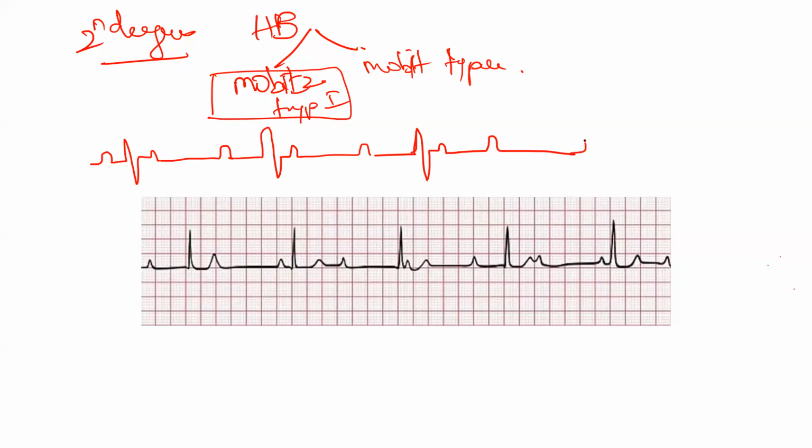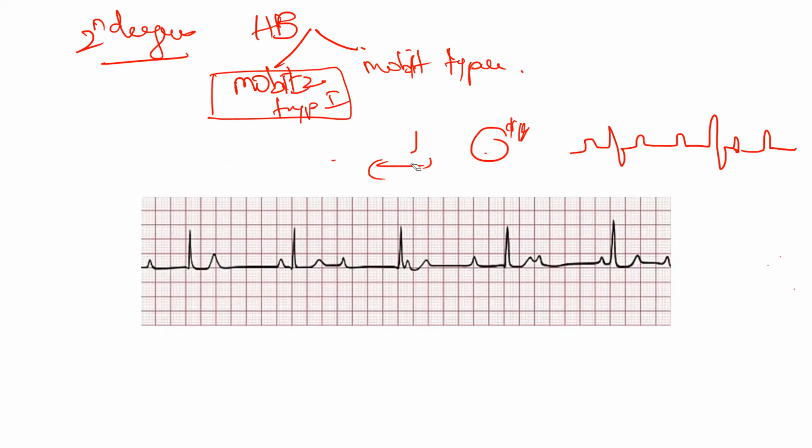Then a normal P wave, normal QRS, T wave. Then a P wave with a prolonged PR interval, and again one gets dropped. So there will be progressive lengthening of the PR interval in subsequent beats, and suddenly one P wave is not followed by a QRS complex and it is dropped. If we have this pattern, we call it Mobitz type 1. Is that clear? Yes, sir.